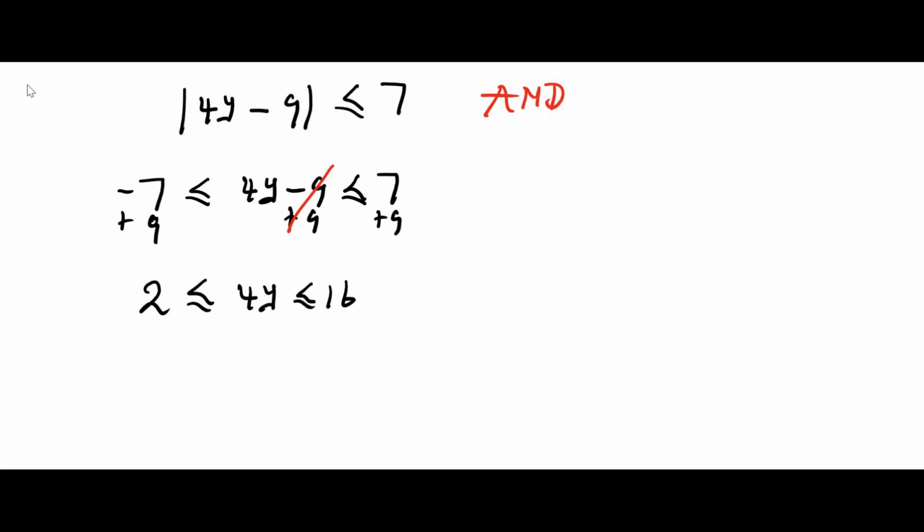So now we can divide by 4. This will give us 1, this will give us 2. This will cancel to give you 1, and this will cancel to give you 1, and 16 divided by 4 is 4. So finally, 1/2 is less than or equals to y, and y is less than or equals to 4.